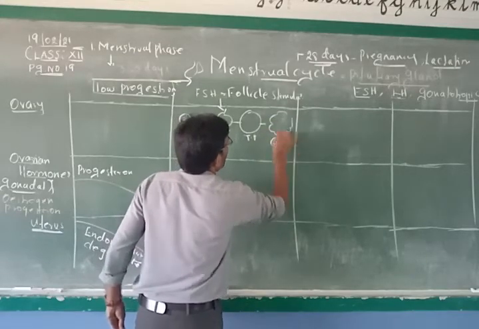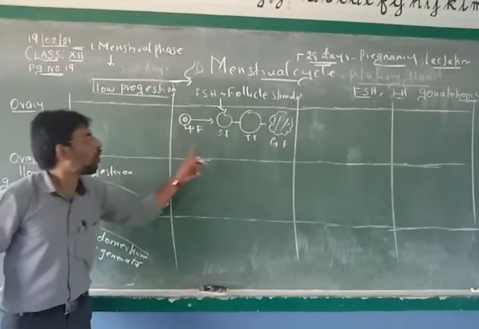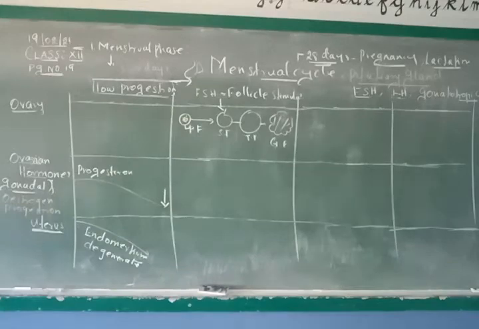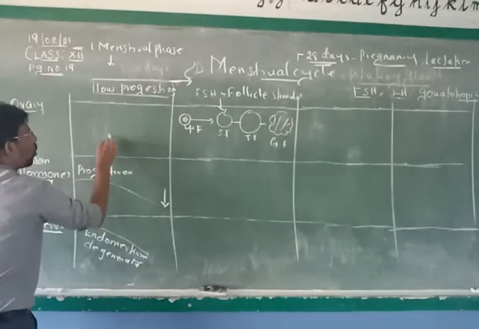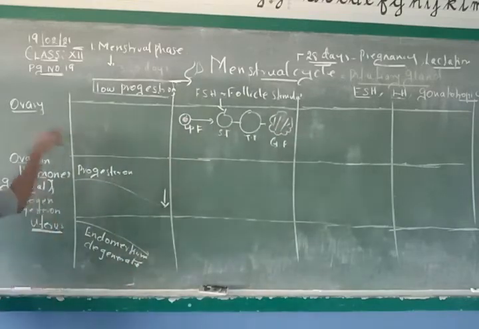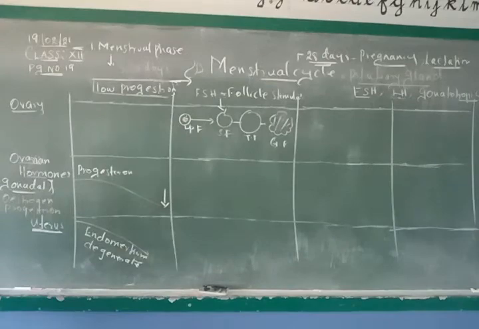So now the Graafian follicle is developed. Whenever the progesterone is low, FSH is synthesized, and in the ovary it develops the follicles: primary, secondary, tertiary, and so on.